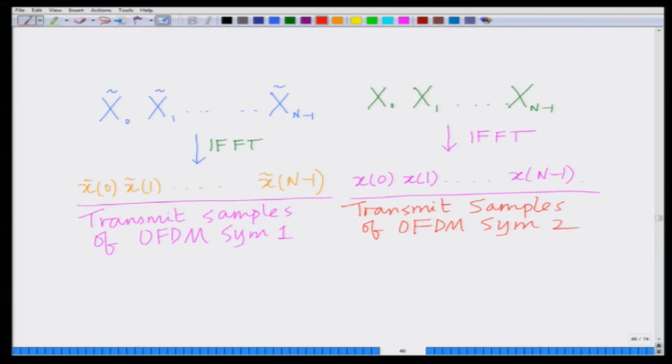So, what do we have? What we are saying is, let us consider two consecutive OFDM symbols. So, what we are doing is we are considering the transmission of two consecutive OFDM symbols.